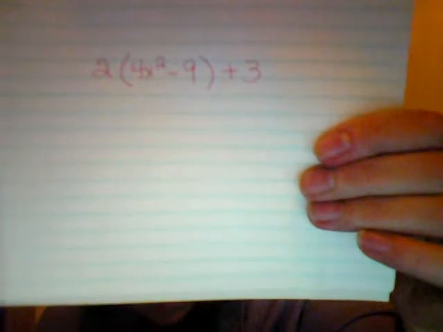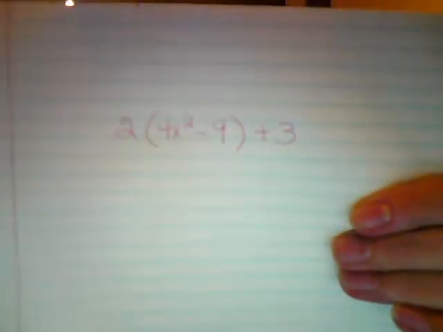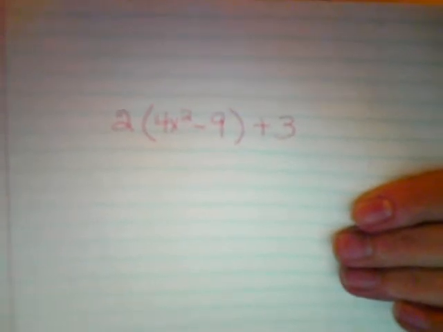Because I took the f function and put it in place of the x in the g function. Alright. Now we're going to multiply or distribute the 2 times the 4, and the 2 times the negative 9. So 2 times 4 is 8x squared minus 18 plus 3. With me?